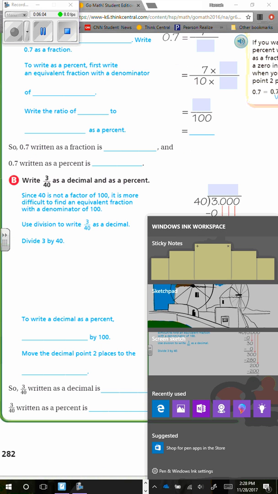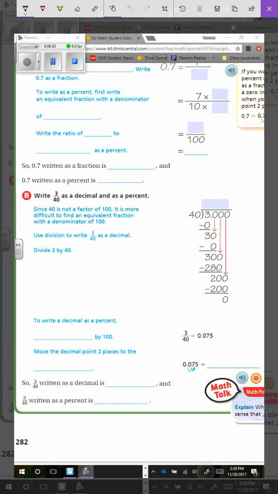And let's look at B, which says write 3/40 as a decimal and as a percent. Since 40 is not a factor of 100, it is more difficult to find an equivalent fraction with a denominator of 100. So instead, we're going to use division to write 3/40 as a decimal.